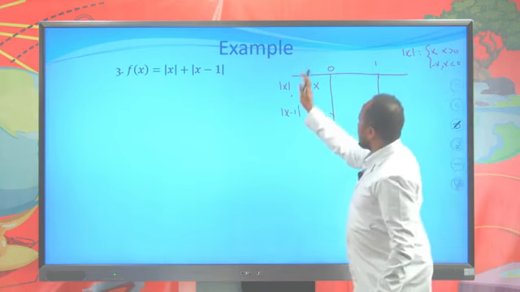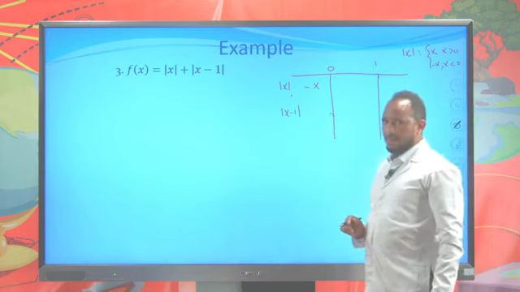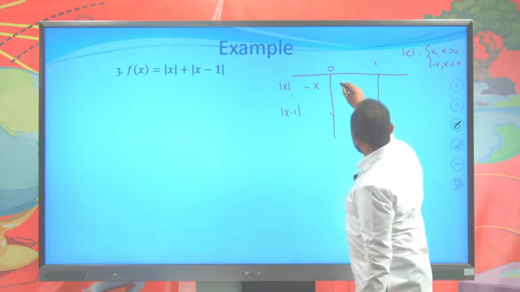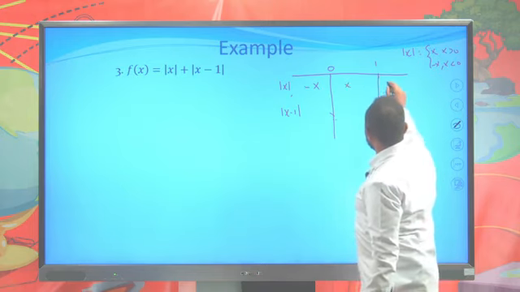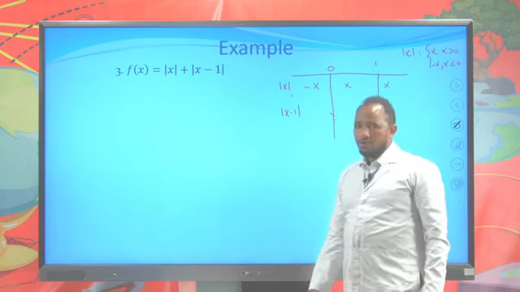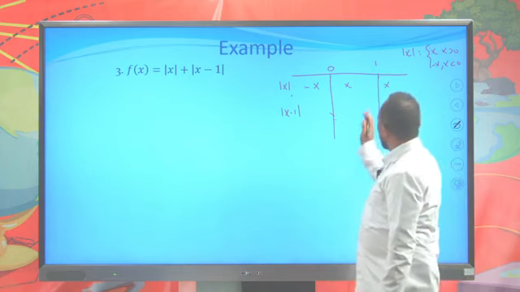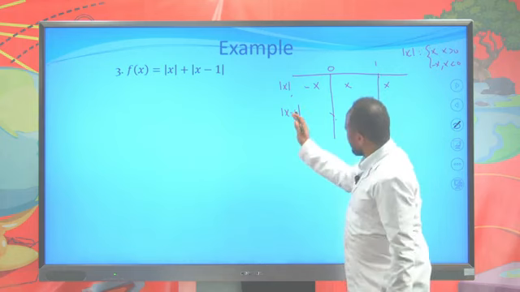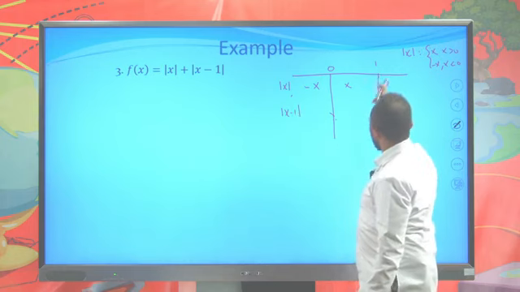So for x less than 0, it is minus x, and for x greater than 0, it is x. Now let's take this one, absolute value of x minus 1. If you put x equal to 1, it is 0.